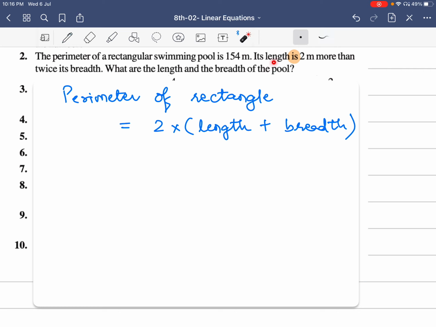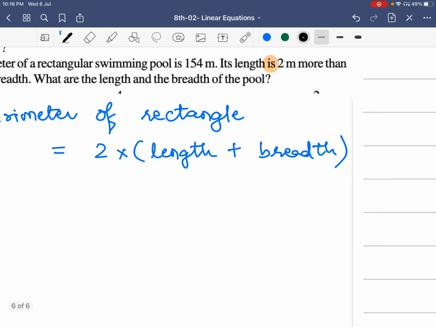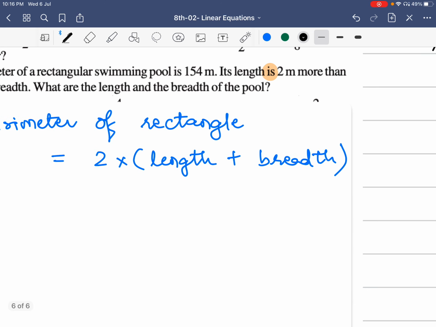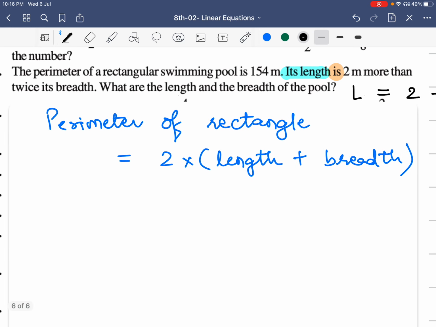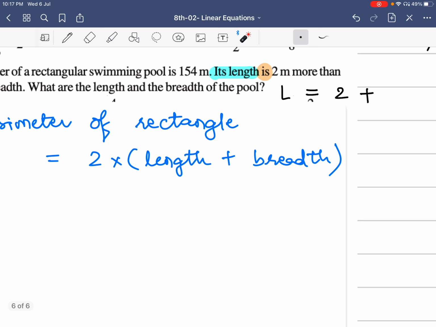So whatever is the length, I'm just going to translate this. Its length, so I'm going to write here L. Its length L is 2 meters more than twice its breadth.